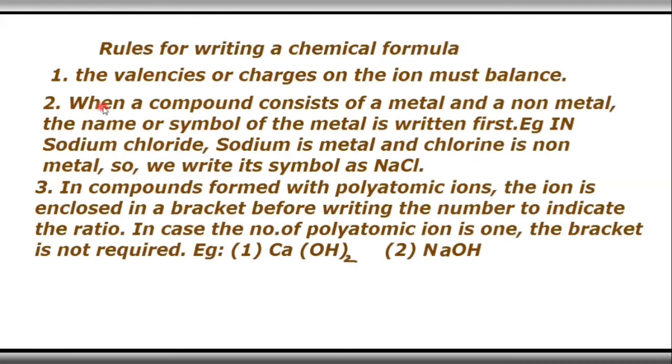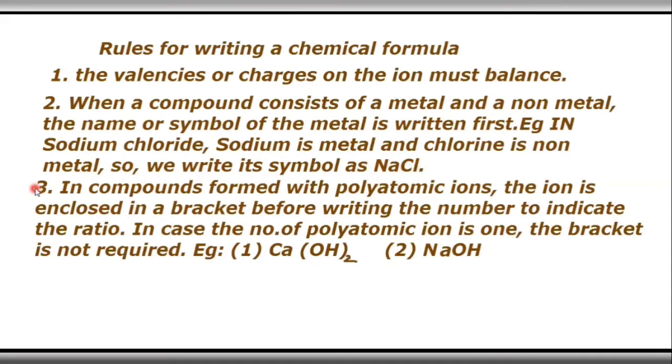Second point, when a compound consists of a metal and a non-metal, the name or symbol of the metal is written first. Example, in sodium chloride, sodium is a metal and chlorine is a non-metal, so we write its symbol as NaCl, because Na is the symbol for the metal sodium and Cl is the symbol for the non-metal chlorine.